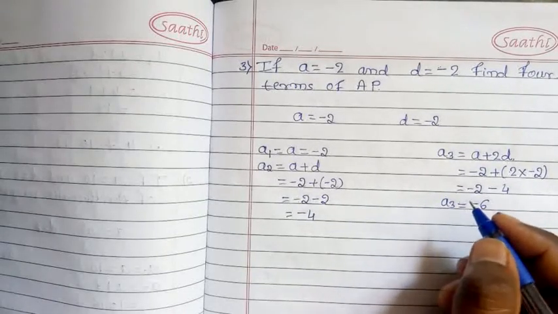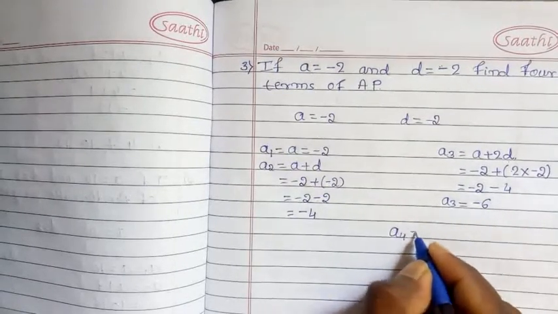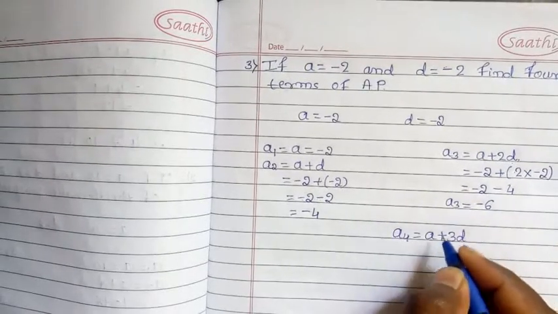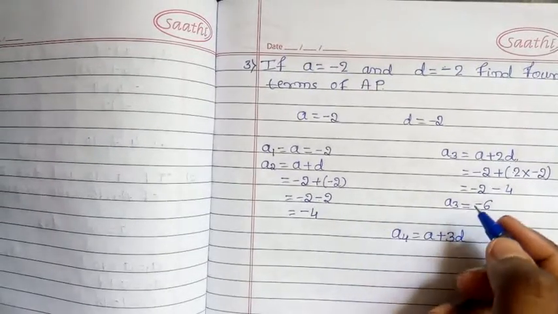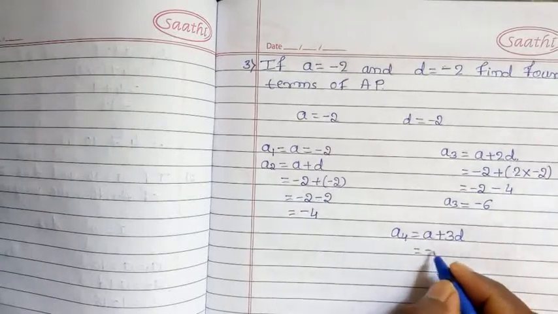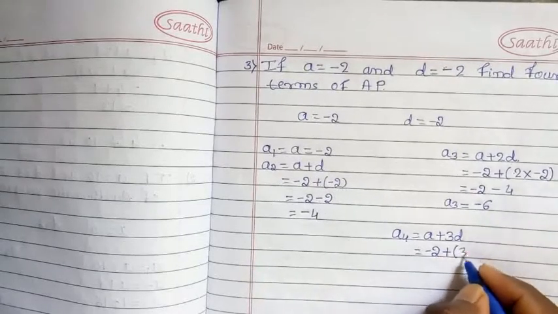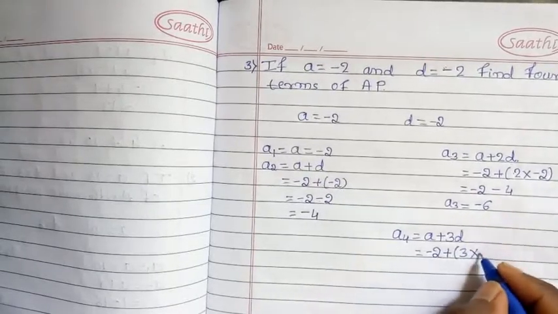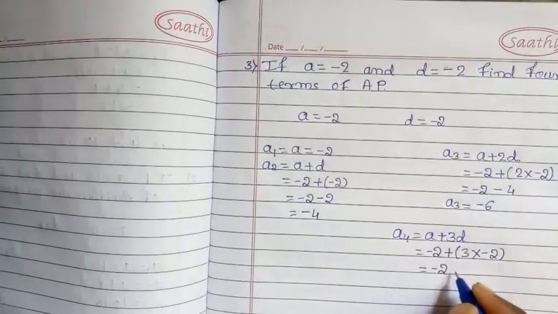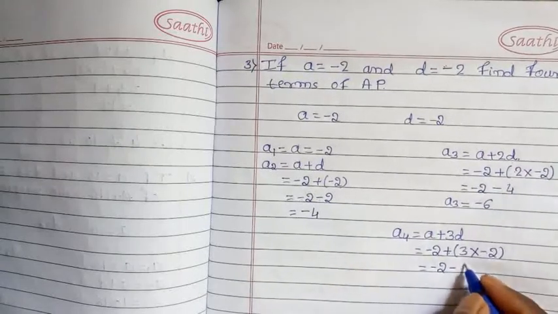Then next we calculate the fourth term. a4 is equal to a plus 3d. The general form of the fourth term is a plus 3d. Here a value is -2, plus 3d means 3 into d. The value of d is -2, so 3 times -2 is -6. Then -2 plus -6.